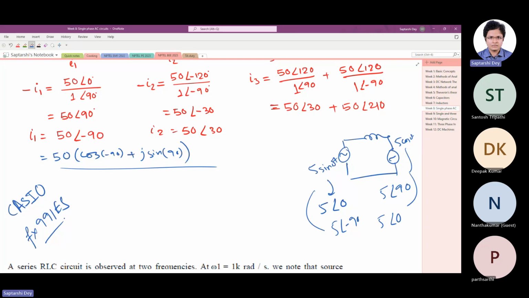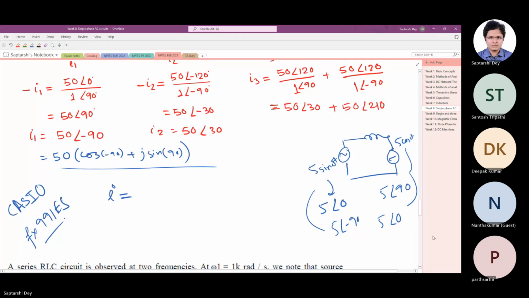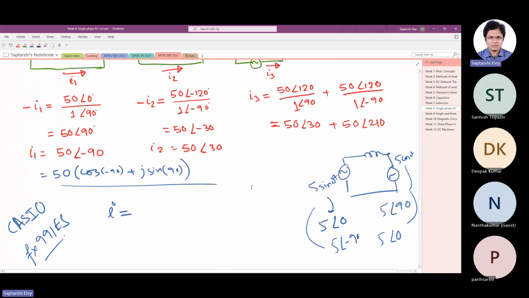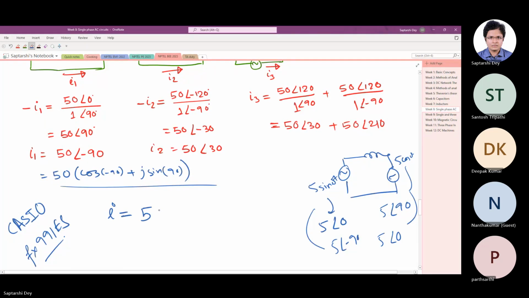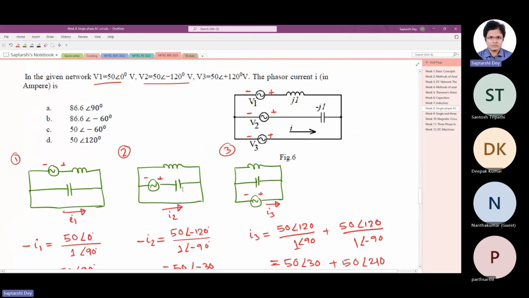So what I'm getting is the total current I as 50 angle minus 30. Somehow I don't know why the answer is not matching. This is the current. Let me quickly check whether there is a mistake.